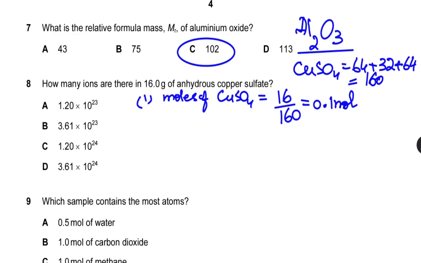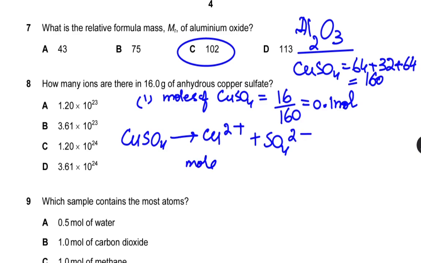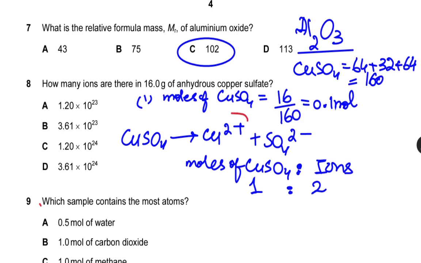So now come towards the ions in copper sulfate. If we check the ions in copper sulfate, they are Cu2+ ions plus sulfate ions. In 1 mole of copper sulfate there are 2 ions; you can identify this is the copper ion and this one is the sulfate ion.